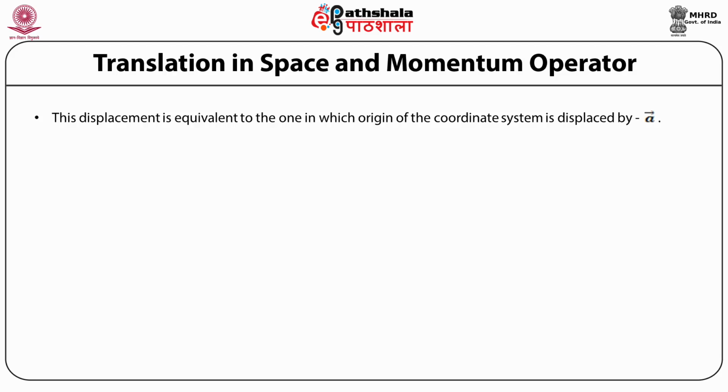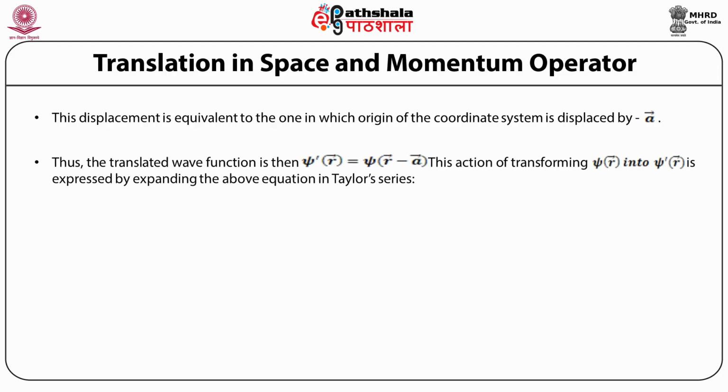In that case, the wave function for such a translation is given by psi prime r prime is equal to the wave function psi as a function of position vector r minus position vector a. And this action of transforming the wave function psi of r into psi prime of r prime is expressed by expanding the above equation in Taylor's series.